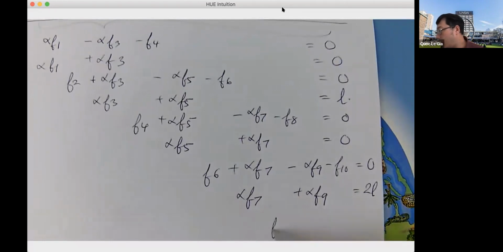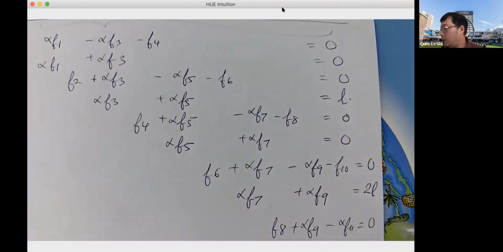So F8 plus alpha F9 minus alpha F11 equals 0. And then alpha F9 plus alpha F11 equals 0.